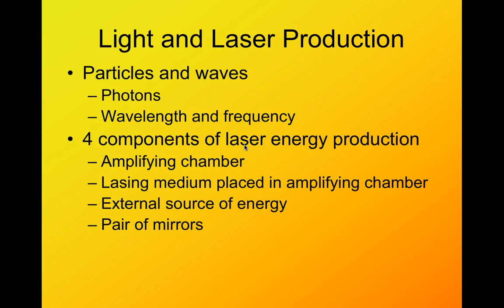As they keep bouncing back and forth, eventually some of them escape through that partially silvered mirror, and that's the beam coming out. So that's how a laser forms. In the next video, you'll be able to see that displayed in a visualization.